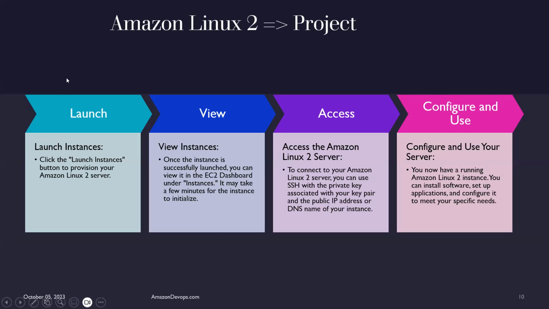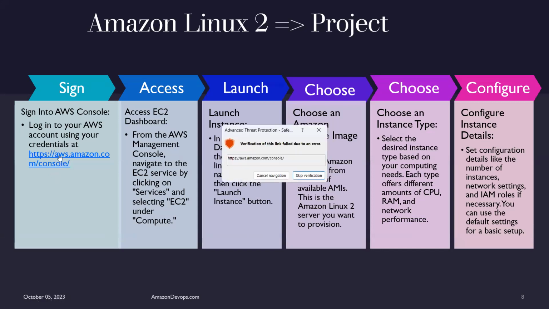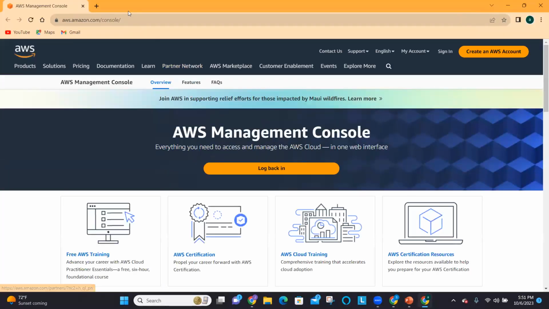So from here, what we are going to do is go to our browser. You're going to open a new page, or you can just click on this link. It's asking me some questions here. I'm going to skip verification because I don't need to be verified. And of course, you are going to come to the AWS console. It looks like this. If you don't have an account, you need to create one.